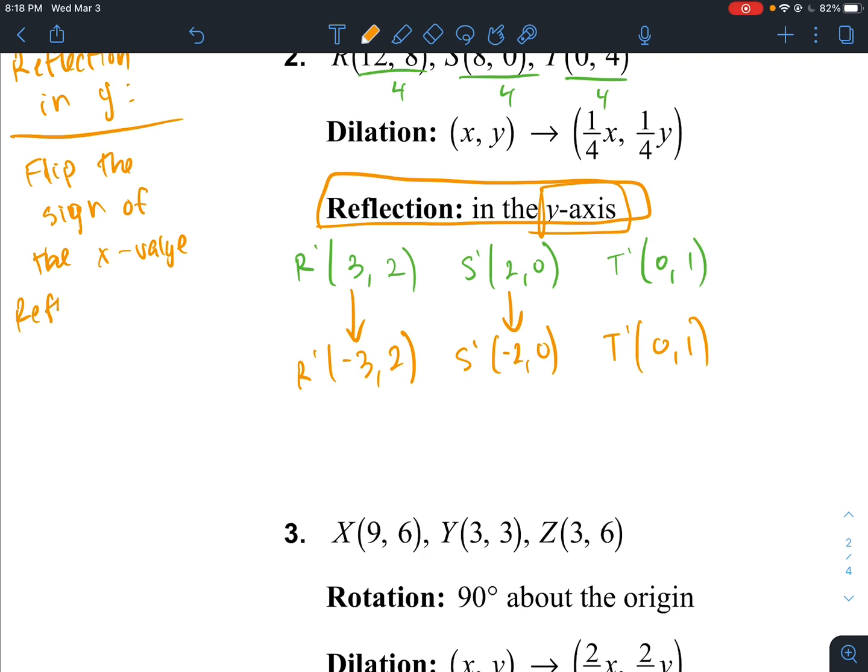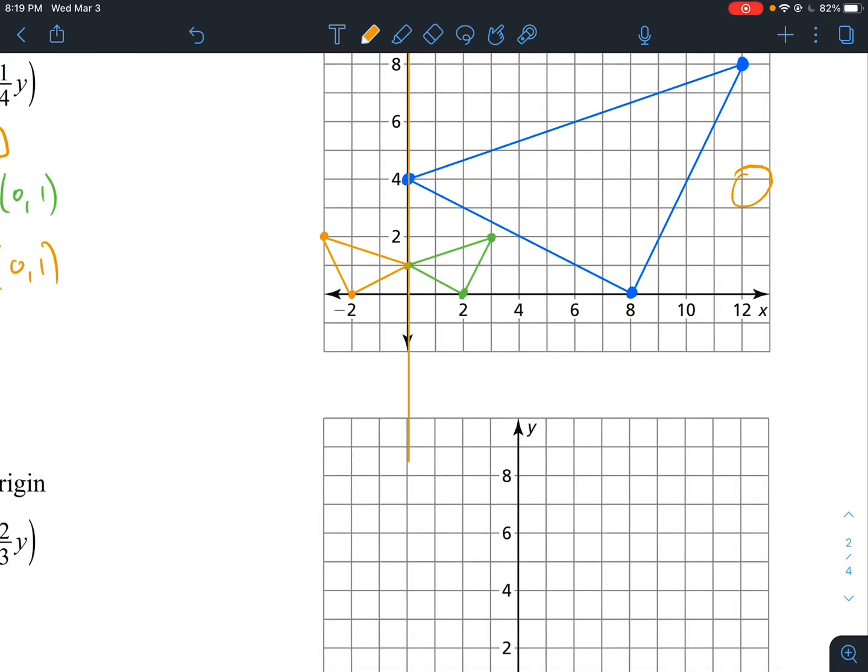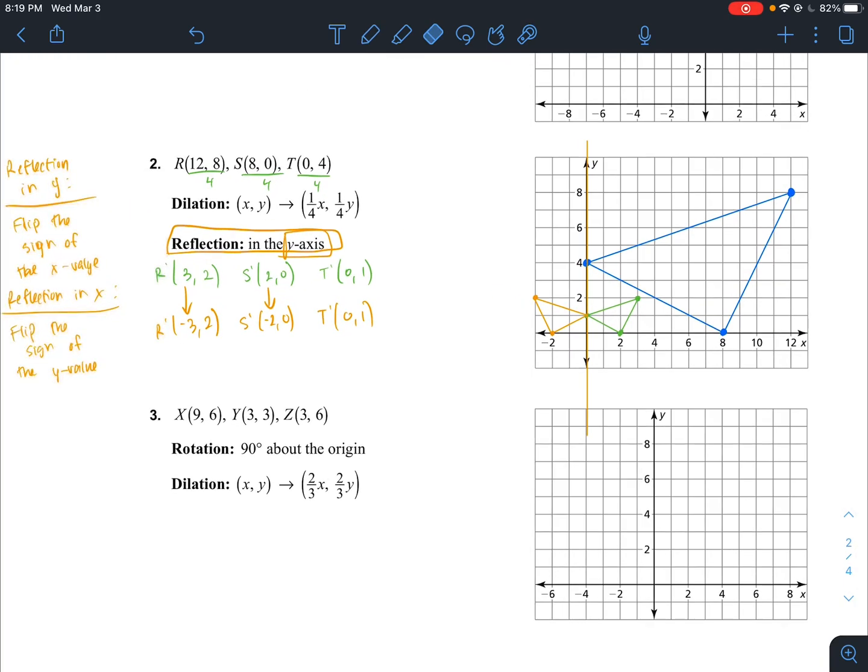Reflection in x is to flip the sign of the y value. What that will do is change it from here and move it down here. Again, you're changing the y value. Y is vertical. Okay, so that's how you can do reflections.